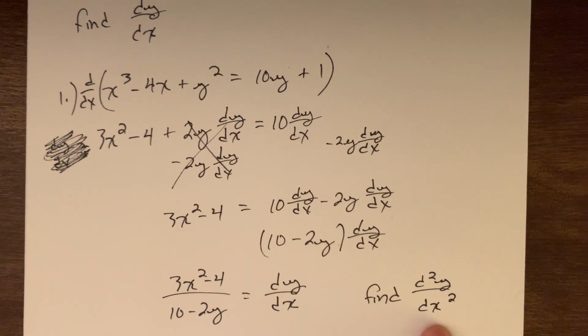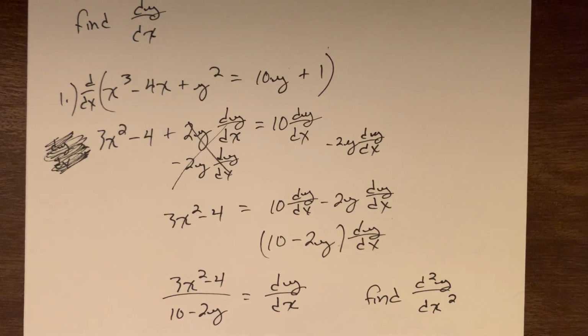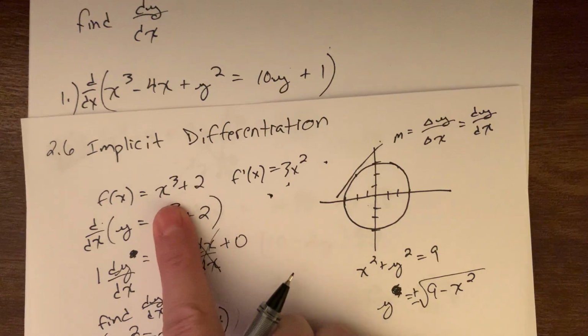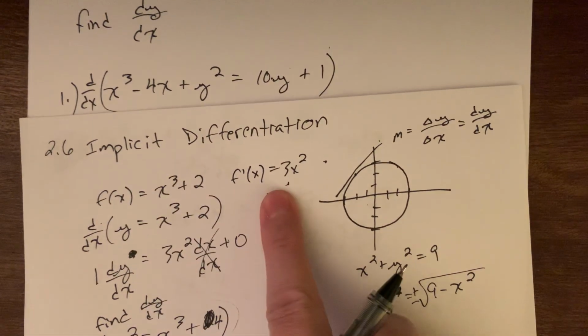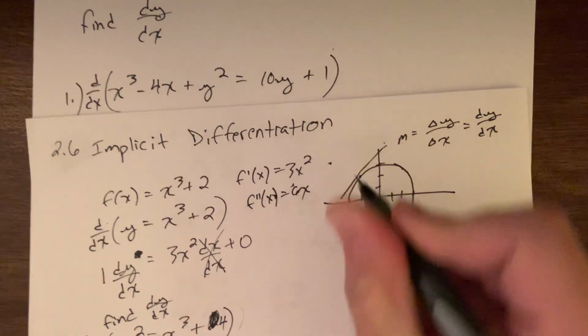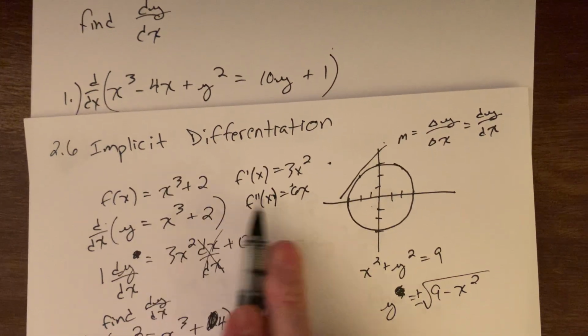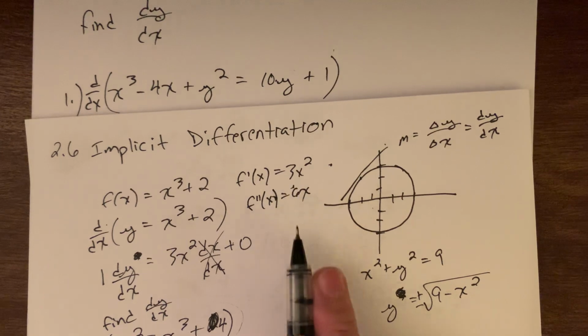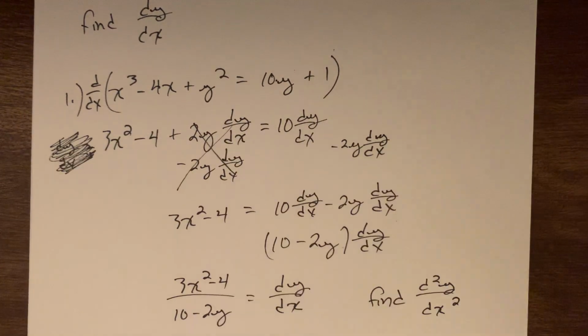Now the process is pretty much the same. How do you get to f double prime when you start with f? Well, you take the derivative one time, and then you take the derivative a second time. There's no jumping from here to here. You got to get the first derivative to then move to the second.